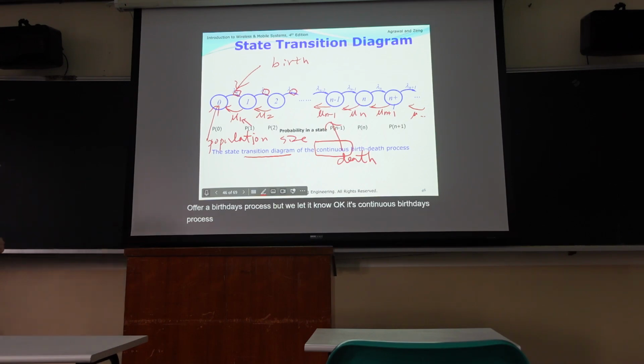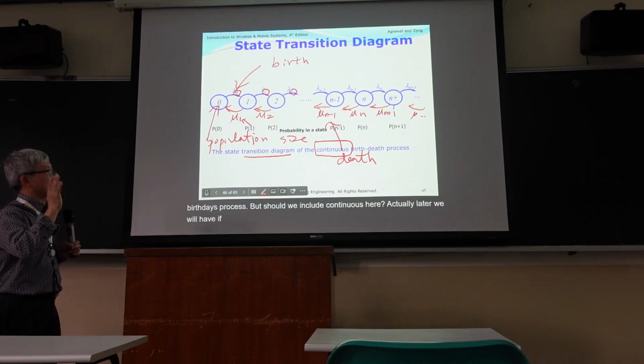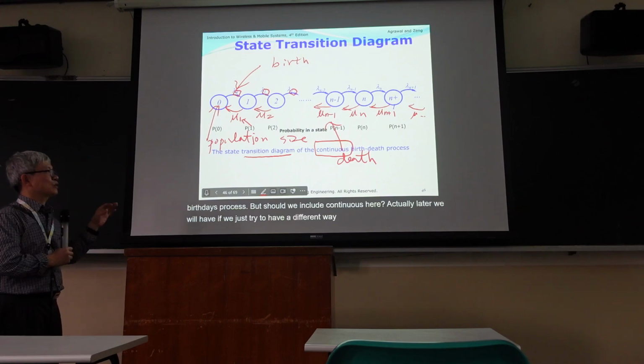But we gotta know, oh, okay, it's continuous birth-death process. Continuous means we have the index continuous time, so that we call it the continuous birth-death process. Should we include continuous here? Actually, later if we try to have a different way to share, perhaps we don't call this continuous birth-death process.